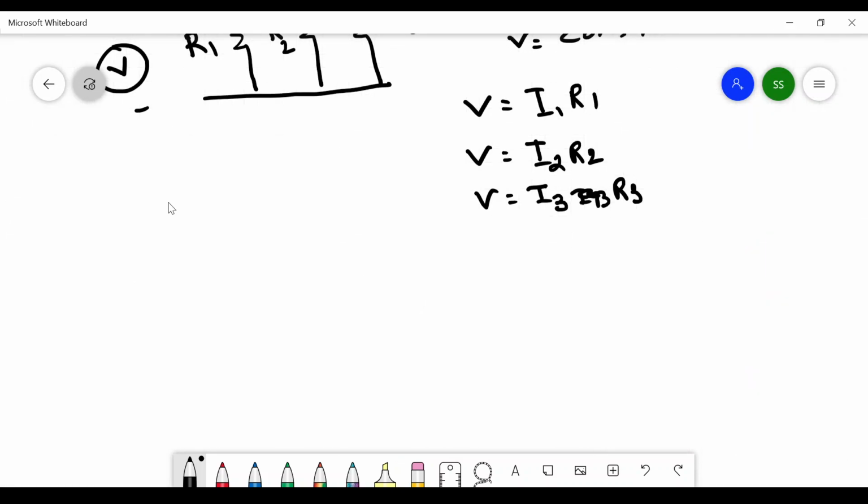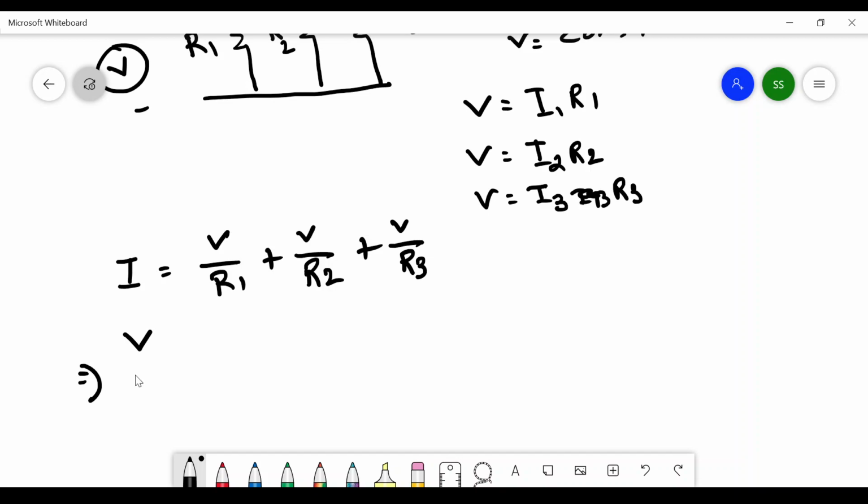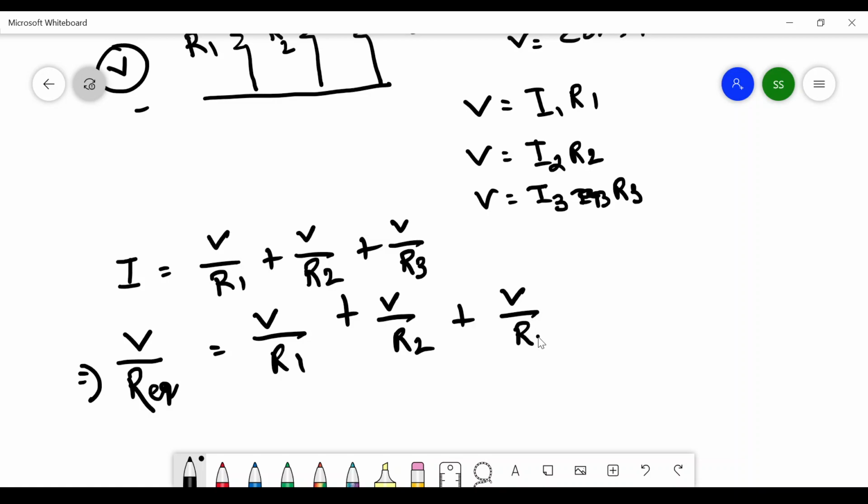Now if we sum all the currents, I is V divided by R1 plus V divided by R2 plus V divided by R3, or we can write I as V divided by R equivalent, which is V divided by R1 plus V divided by R2 plus V divided by R3.